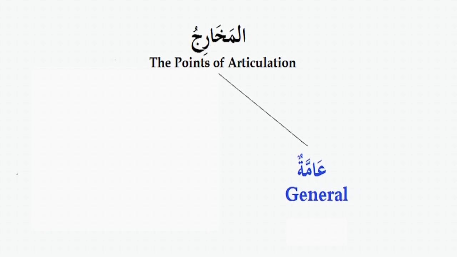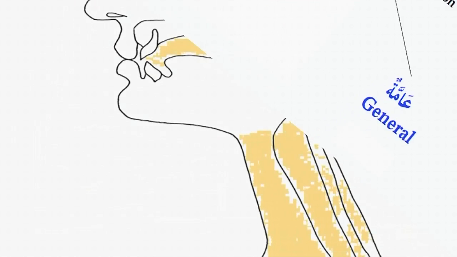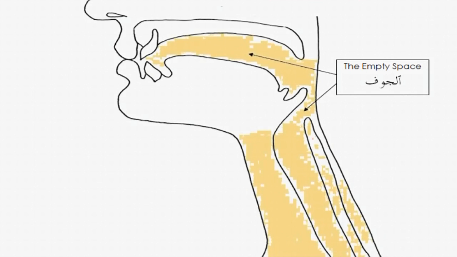The first is al-jawf. Al-jawf means the empty space, and it encompasses the empty space in the throat and the mouth.